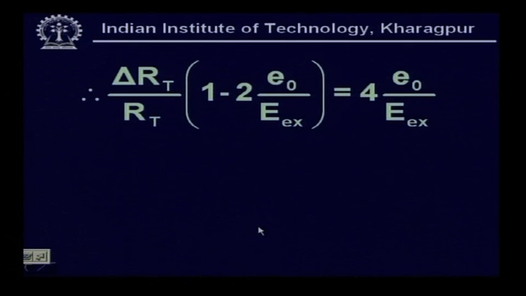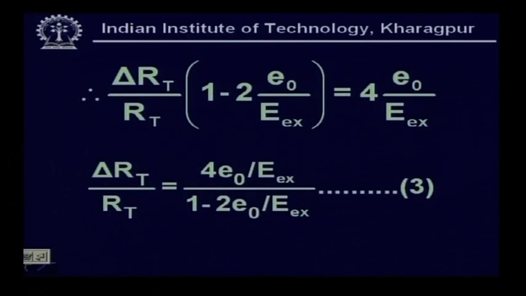So, delta R T by R T into 1 minus 2 E naught by E x equal to 4 E naught by E x. So, delta R T by R T equal to 4 E naught by E x upon 1 minus 2 E naught by E x, equation 3.